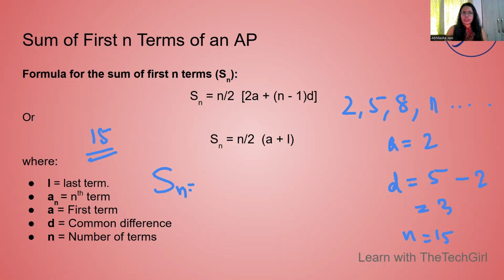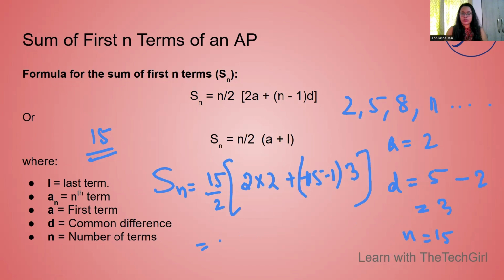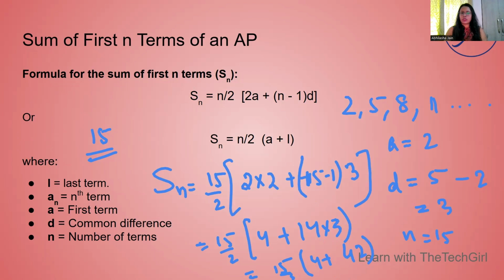So how do we do this? Sn is equal to 15 over 2 times 2 times 2 plus 15 minus 1 times 3. So you get 15 over 2 times 4 plus 14 times 3, that is 42.